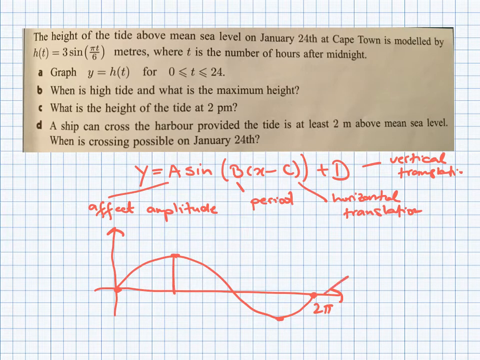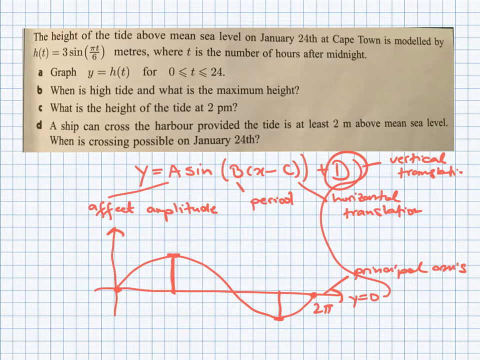This line here is called the principal axis, and in this case the principal axis is y = 0. This is actually the number D. One more time, amplitude is the distance between either the maximum and the principal axis or the minimum and the principal axis.